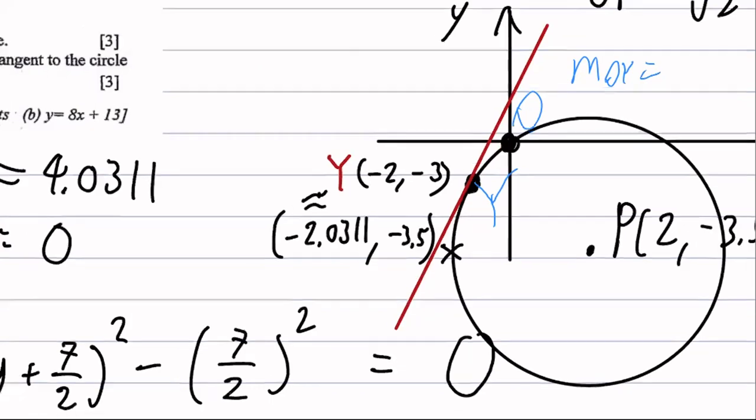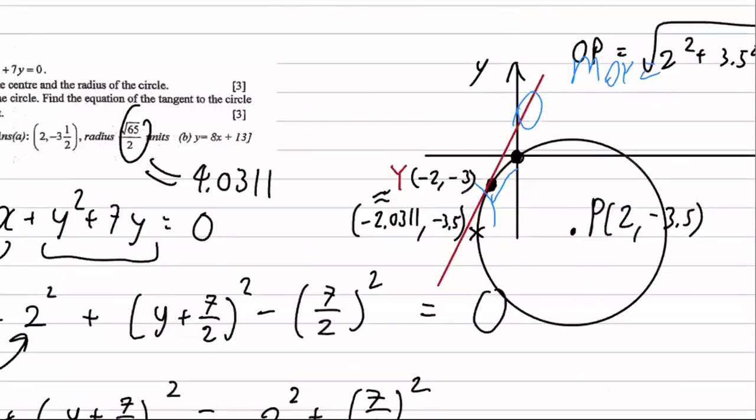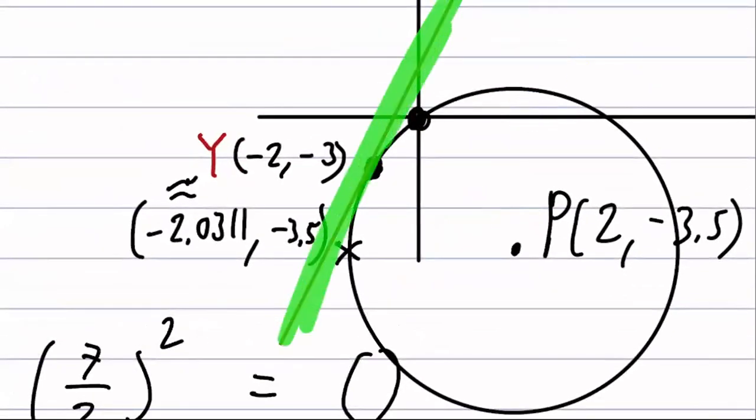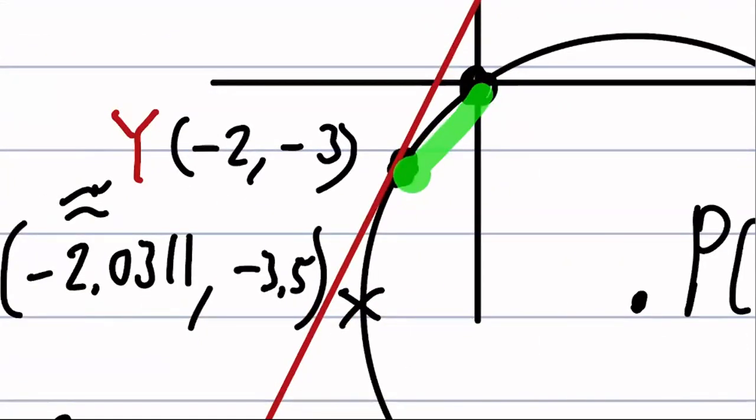What were we trying to find again? Let me see. Find the equation of the tangent. So we are trying to find the tangent line. This is the red line, which passes through this single point only. What we are supposed to do is to know a trick. If you find OY, that's a secant line actually. That's not a tangent. That's not the same.